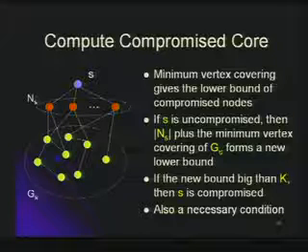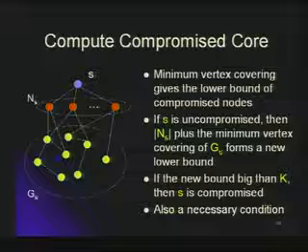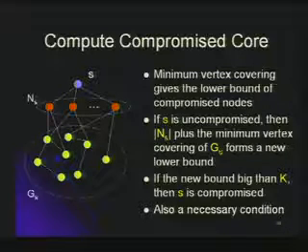Then how many compromised nodes are in the resulting graph? At least you have the number of the minimum vertex covering of GS to cover the remaining graph. So if I assume S is not compromised, I know that there should be at least NS plus the minimum vertex covering of GS number of nodes compromised.